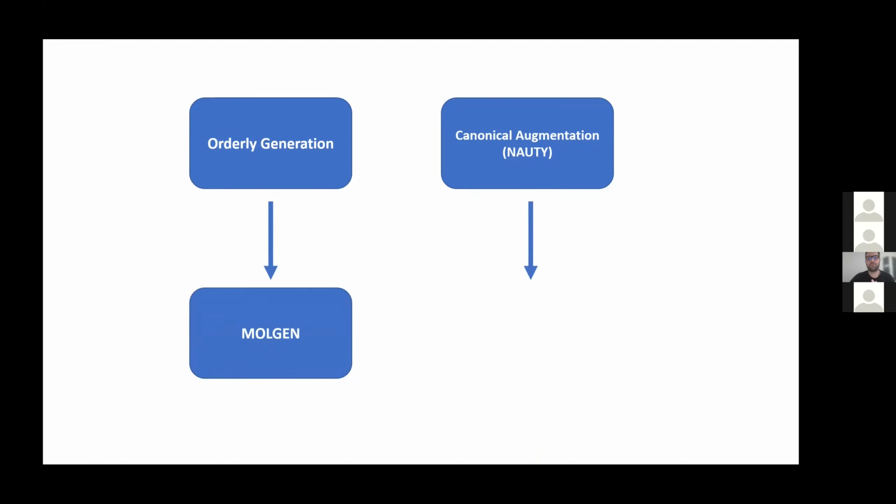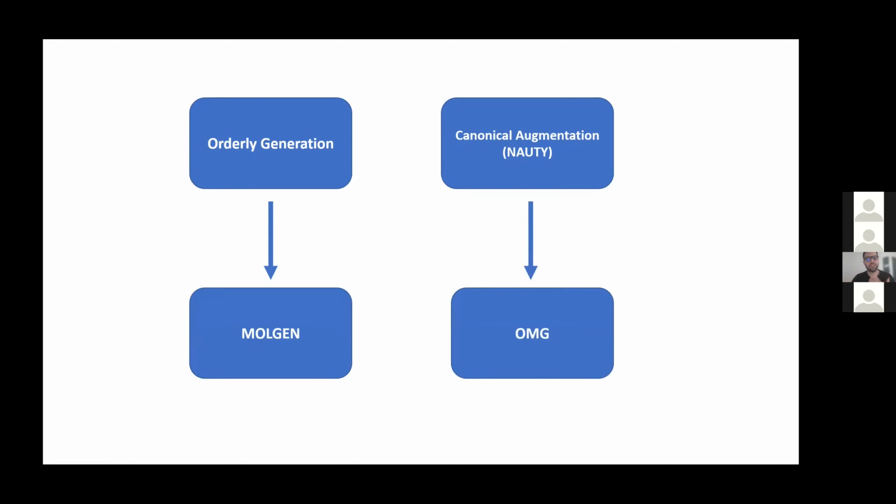So as a good example, in the intersection of computer science and graph theory, we have graph algorithms, graph generators, orderly generation and canonical augmentation. But in the field of molecular structure generation, as a good example for orderly generation, we have MAYGEN, and for canonical augmentation, we have OMG.